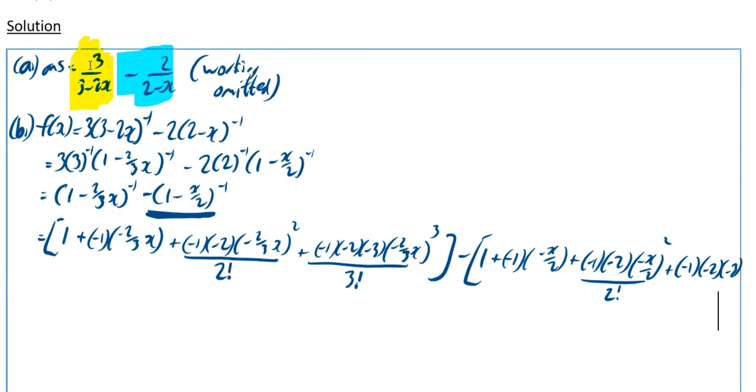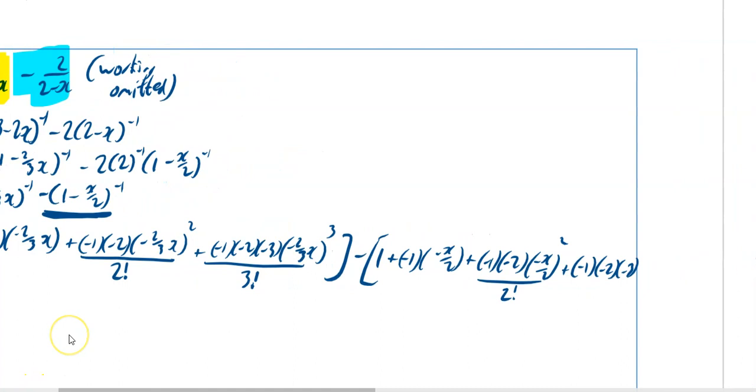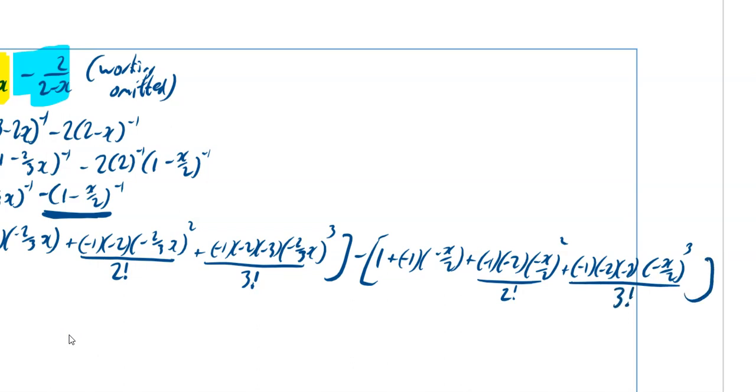I'll have to move across here, apologies. And this is going to be times minus x over 2 cubed over 3 factorial. And then we've got to tidy this whole mess up.